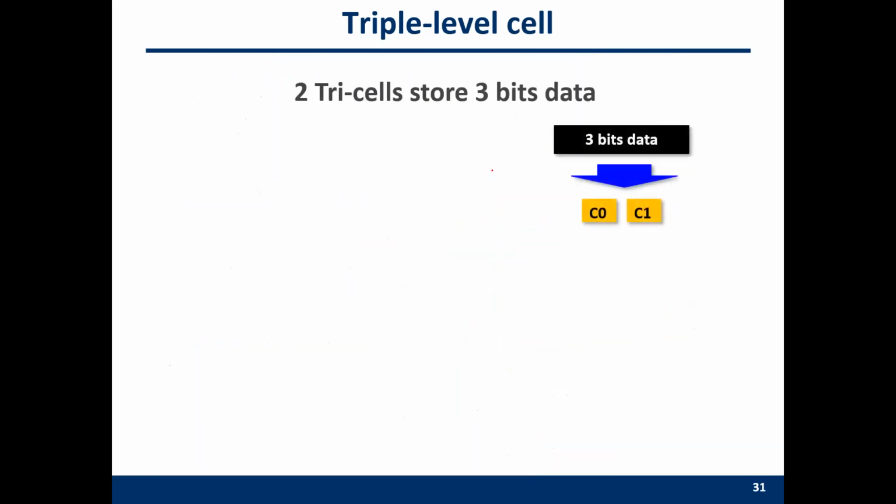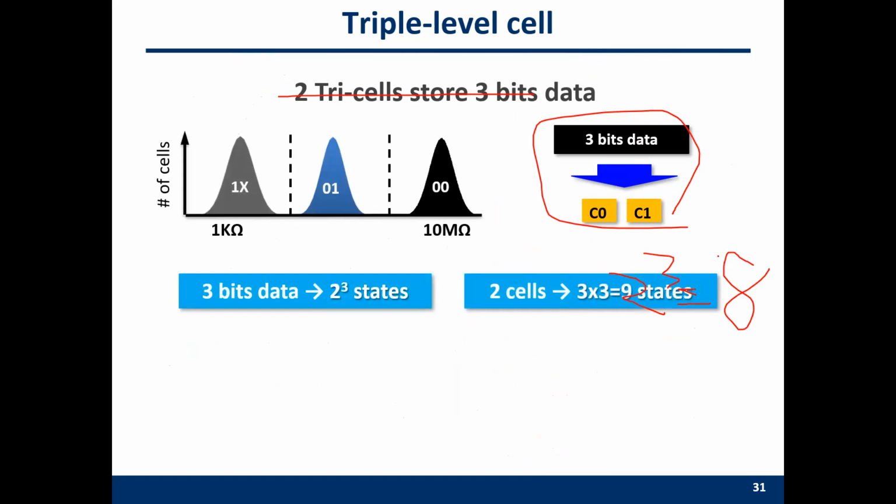Then one simple idea is that we can use double cells to record 3 bits. In order to record 3 bits, we need 2 to the 3, which is 8 states. One cell has 3 states, 2 cells have 9 states in this case.